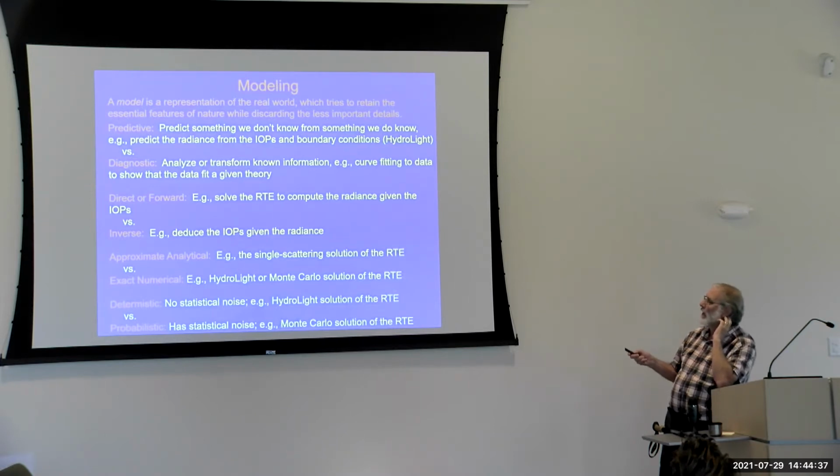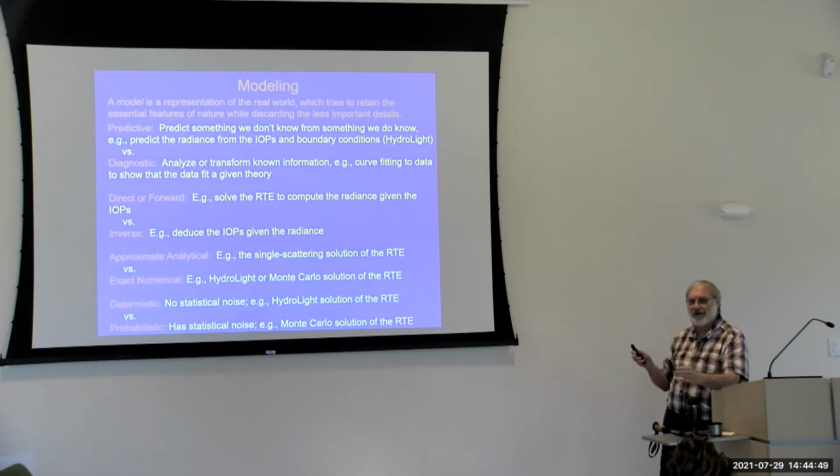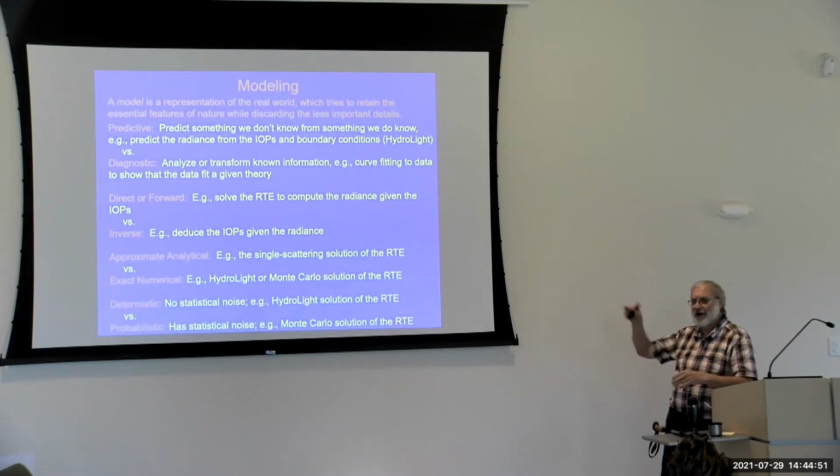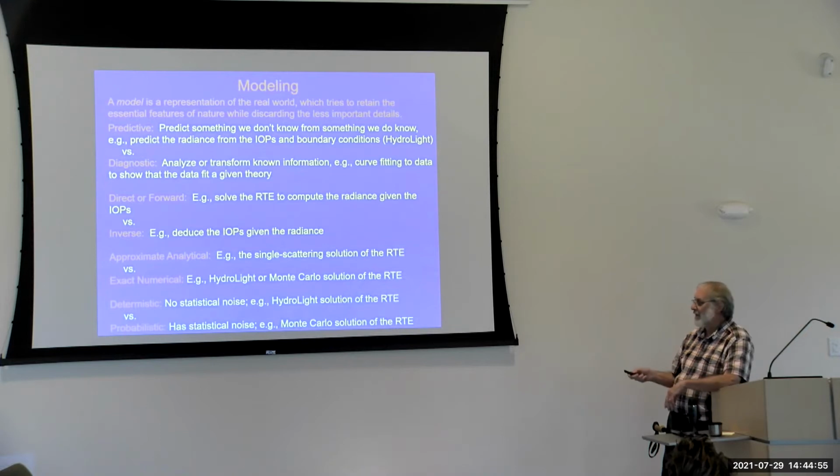So you know the IOPs, you put them into Hydrolight and it predicts the light field, versus a diagnostic model, which says, I have some data and I'm going to fit a curve through it and come up with some little model that I can then predict whatever from my best fit data. That's the diagnostic model.